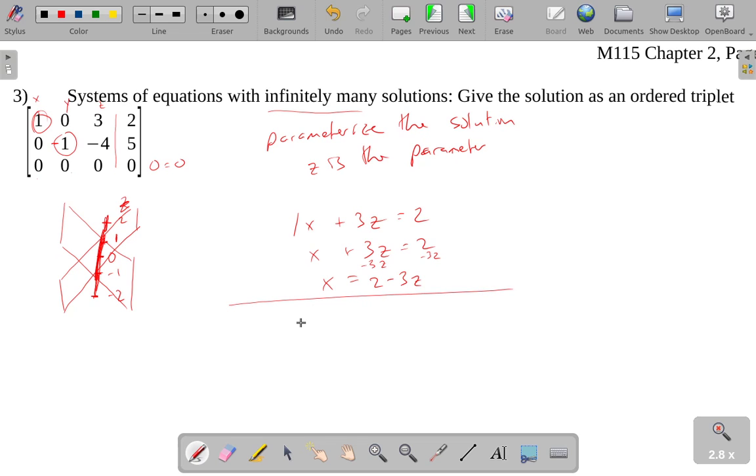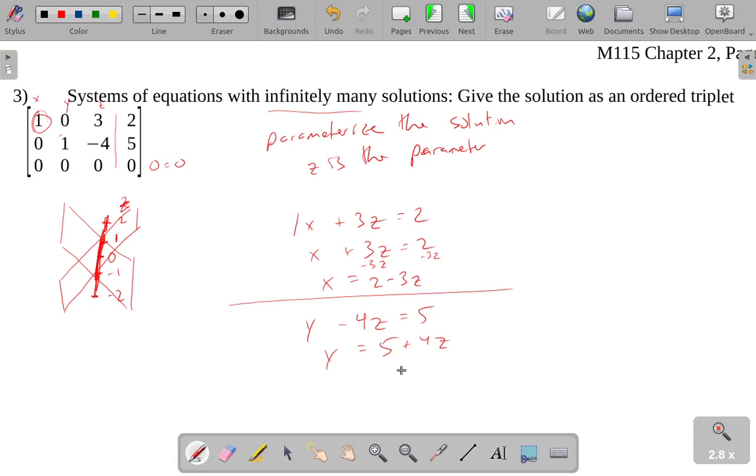Similarly, the second equation reads y minus 4z equals 5. If I solve this equation, it reads y equals 5 plus 4z. I'm just adding 4z to both sides. And so if I tell you a value of z, you can similarly tell me a value of y.